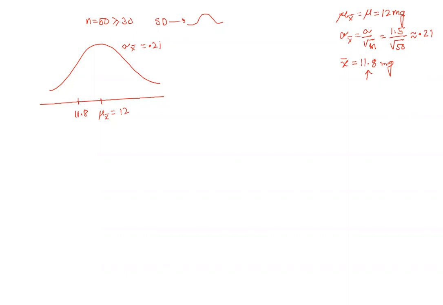So what are the chances that even if the manufacturer didn't do anything, you will still get less than or equal to 11.8 milligrams, okay? If that chance is higher, that means it is more likely that the manufacturer is not telling the truth. If that chance is lower, that means by random luck, it couldn't have happened easily. There is more chance that they actually did something. So let me go ahead and do the problem, and then I will explain it to you again.